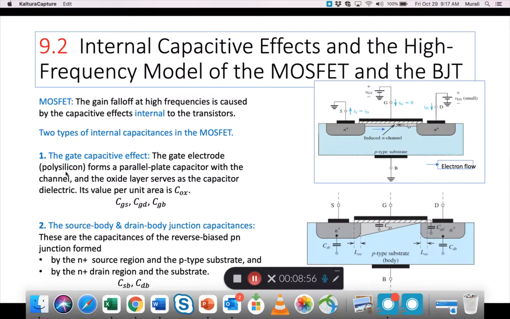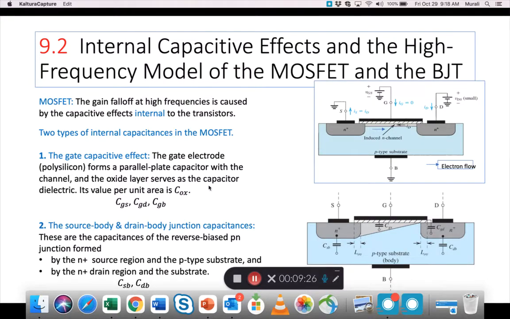So the gate electrode or the polysilicon forms a parallel plate capacitor with the channel, and the oxide layer in the middle serves as the capacitor dielectric. This capacitance per unit area is COX. Now COX we have seen enough times previously in the formulas, so I'm not going to worry too much, you already know this.